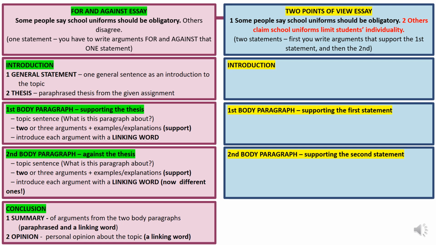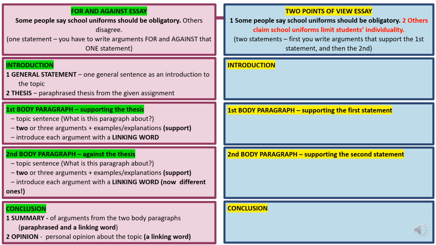And in the second body paragraph you're not going to write against the first statement. You are going to write for the second statement. So arguments supporting the second statement. Others claim school uniforms limit students' individuality. And the fourth paragraph is again conclusion, just as in for and against essay.